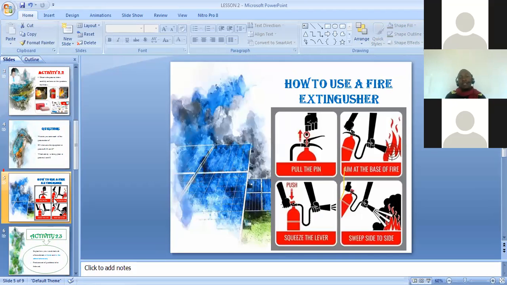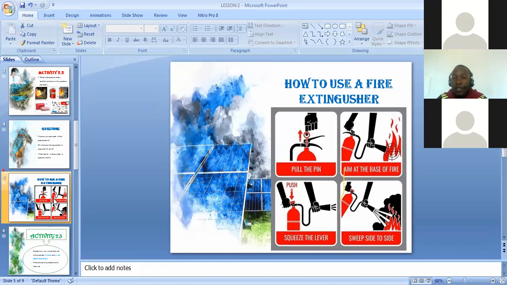Since we've seen that fire is a common accident, we needed to know how to use a fire extinguisher. So our next subheading is how to use a fire extinguisher. Use of a fire extinguisher is summarized in 4 steps. In case you come near the fire extinguisher, look at its top.